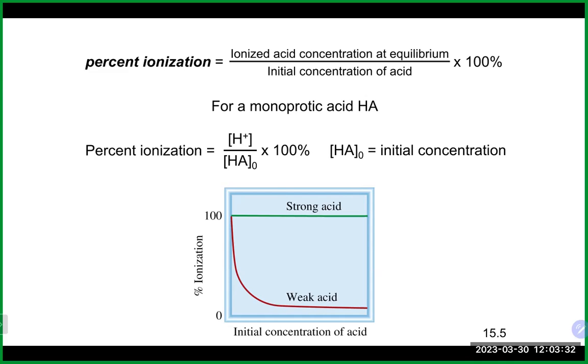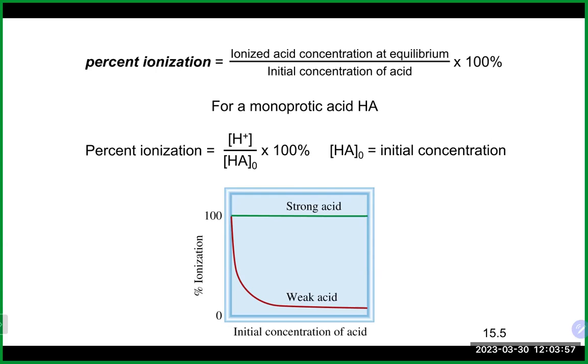But percent ionization is the ionized acid concentration at equilibrium divided by the initial concentration of the acid times 100. It is really the way that we check our assumption. So it's really what we just did there to check our assumption. You basically take the H plus concentration divided by the initial concentration, and you times it by 100.